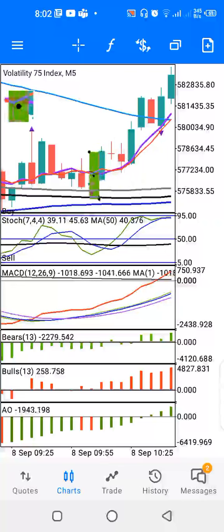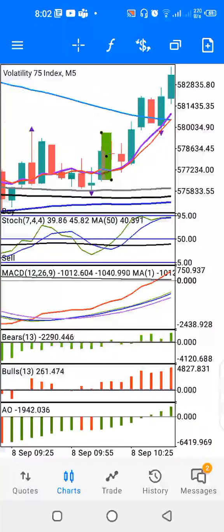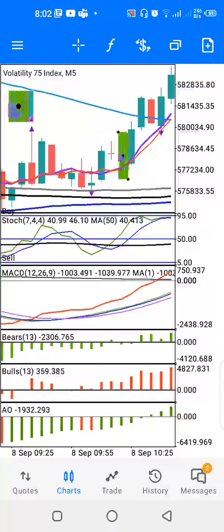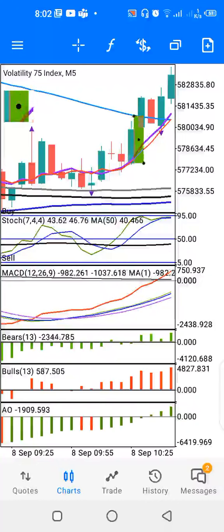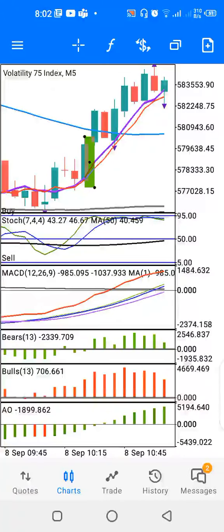Buyers winning means bullish candle closes up above the red and blue lines. You have another successive closing up around here. Then you have the buyers in charge, and then start scalping and start buying.